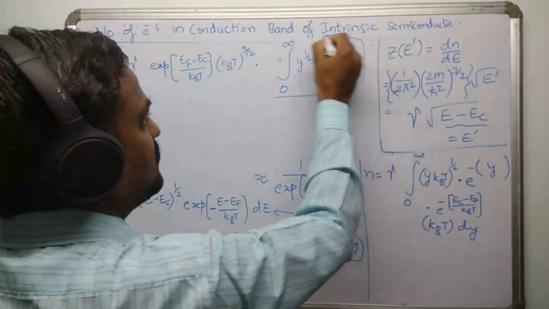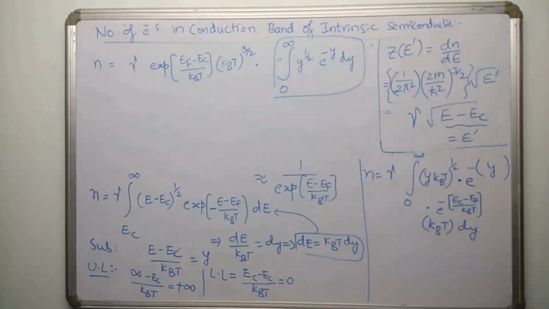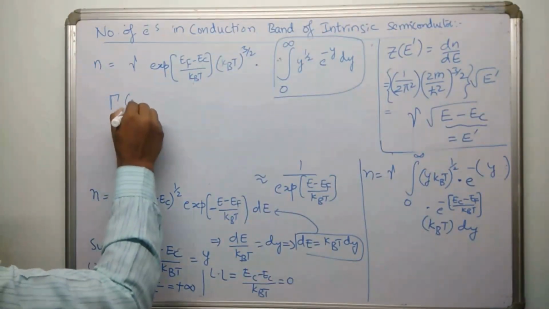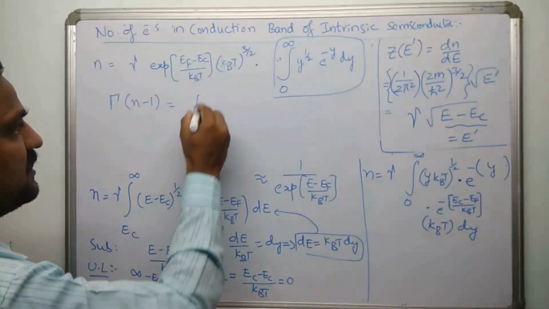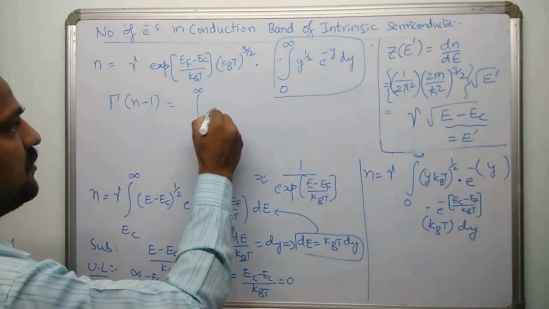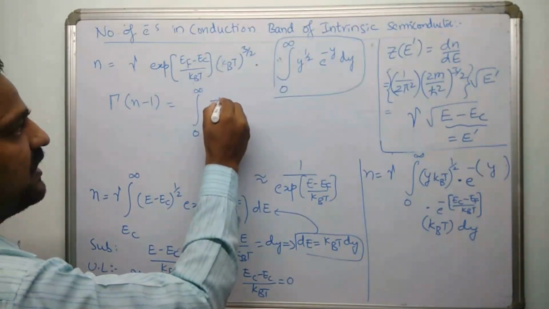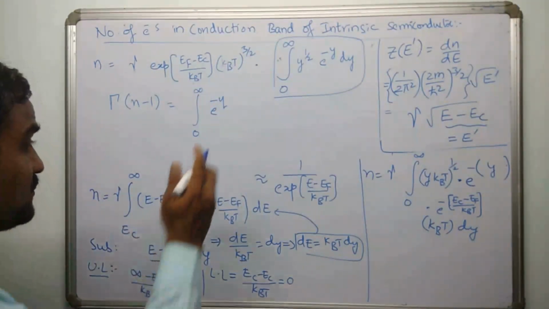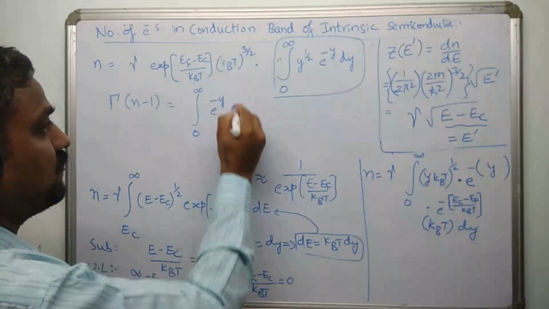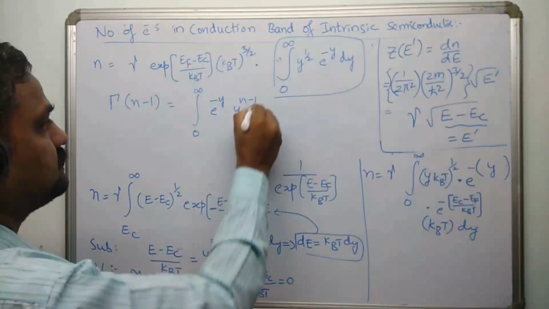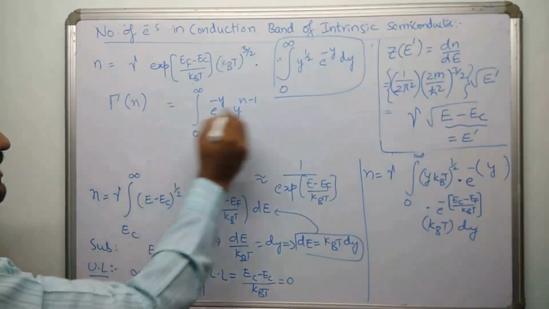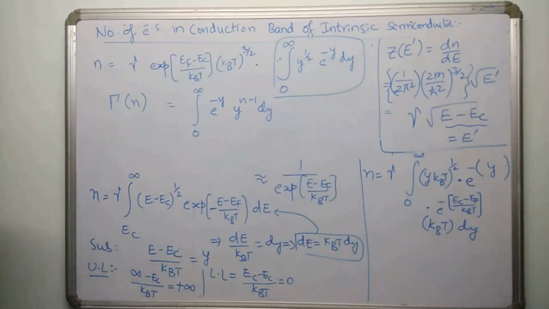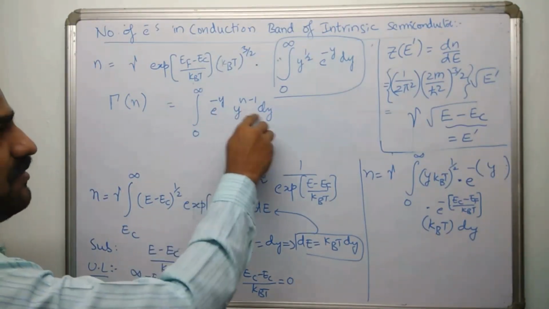Remember, this term is a gamma function. Let me write the gamma function. Gamma n is defined as the integral from 0 to infinity of e power minus y into y power n minus 1 into dy.